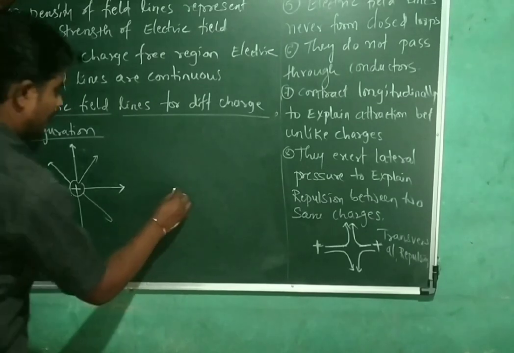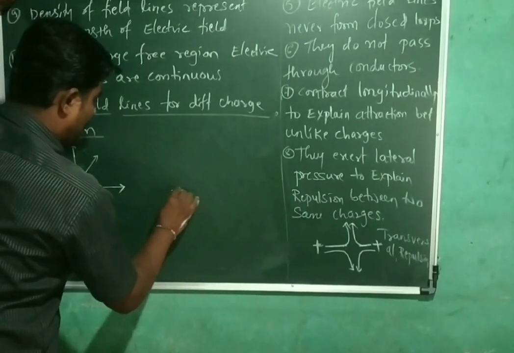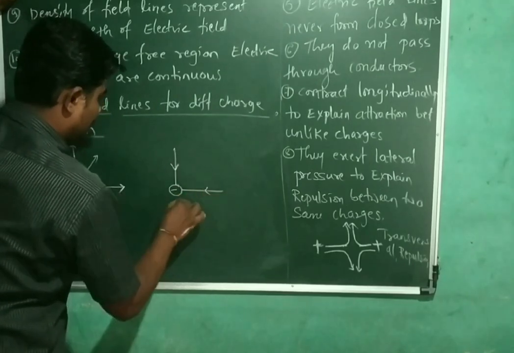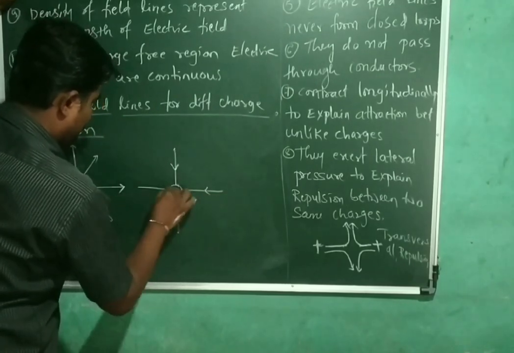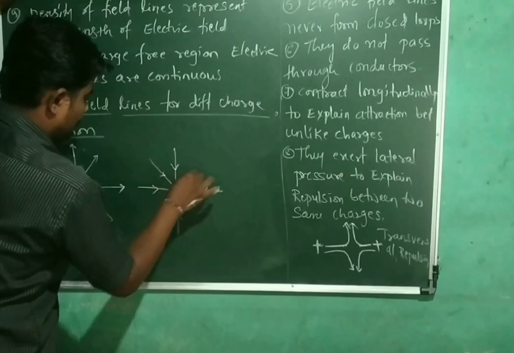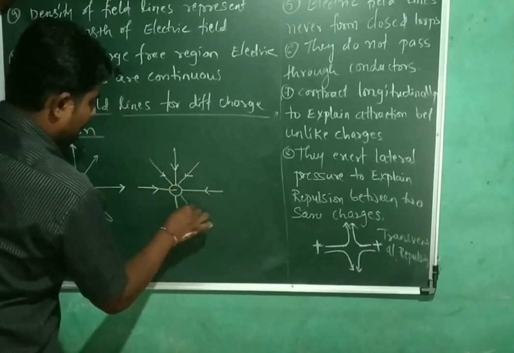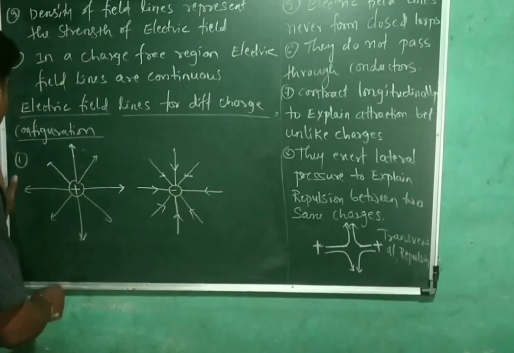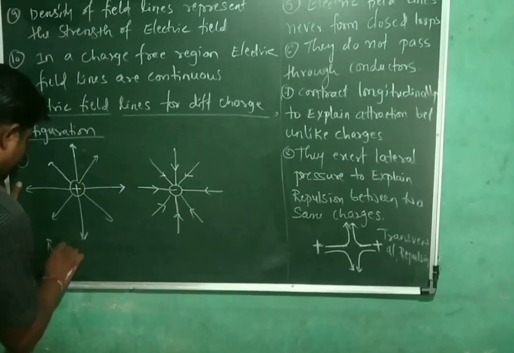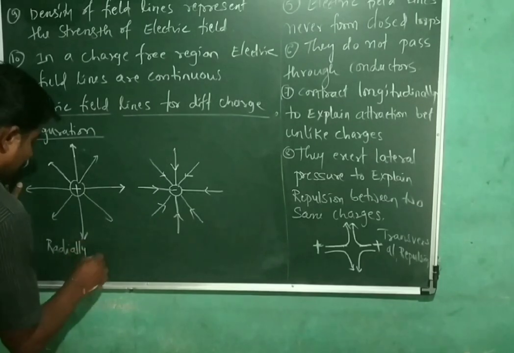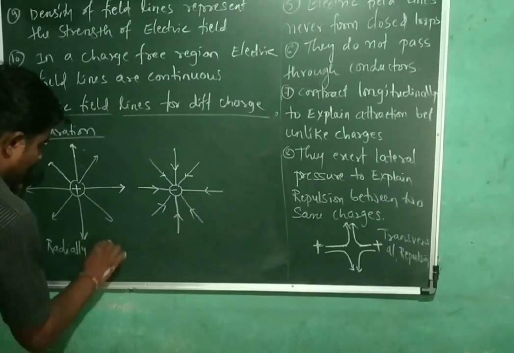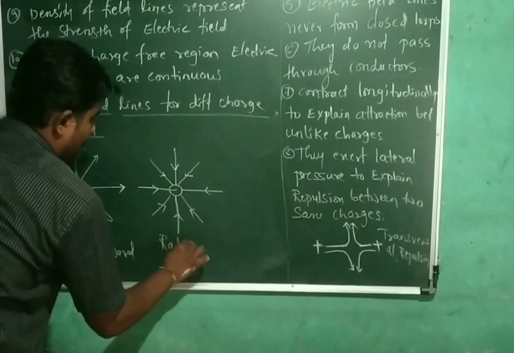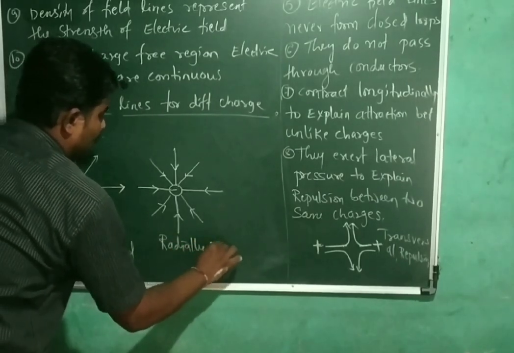If I consider negative charge, then the direction will be inward, like this. Radially outward for positive charge and radially inward for negative charge.